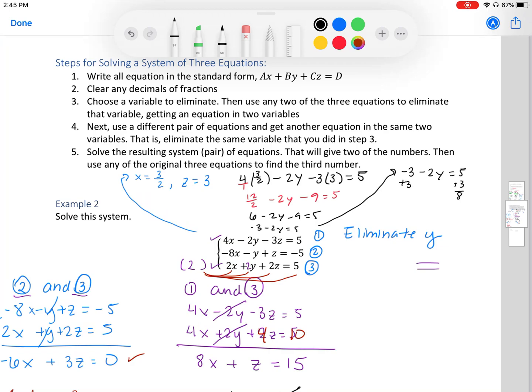We get 8. Negative 2y equals 8. Divided by negative 2, divided by negative 2. We're left with y equals negative 4. So then my answer, x comma y comma z, is 3 over 2, negative 4, and 3.